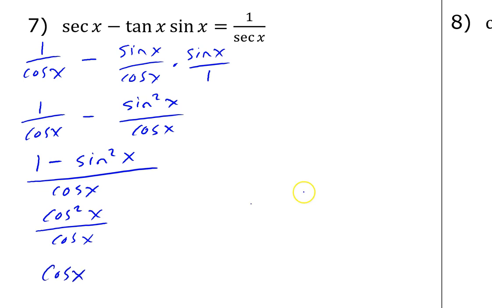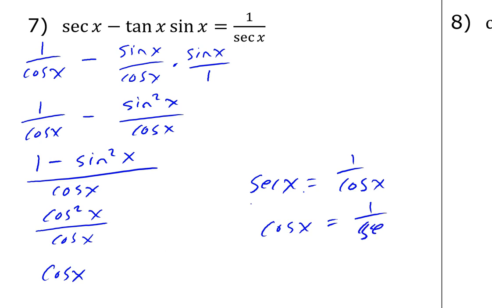Now we're really done, and you just don't realize it, because we remember that secant equals 1 over cosine. So swapping these, you realize that cosine is equal to 1 over secant. It's really a two-way street.